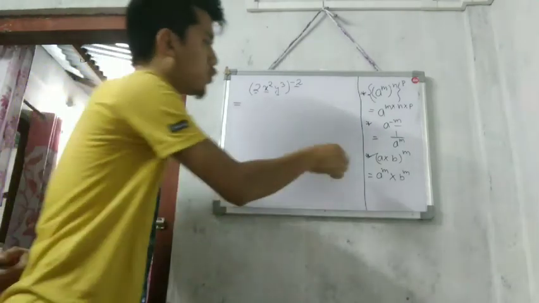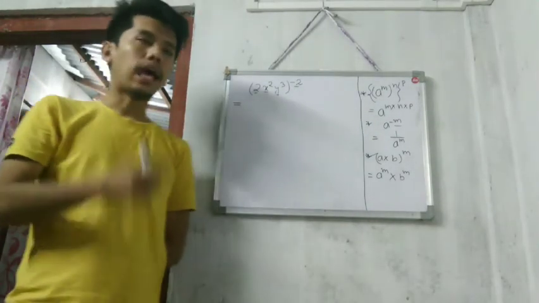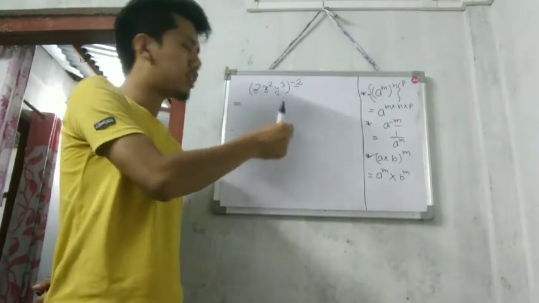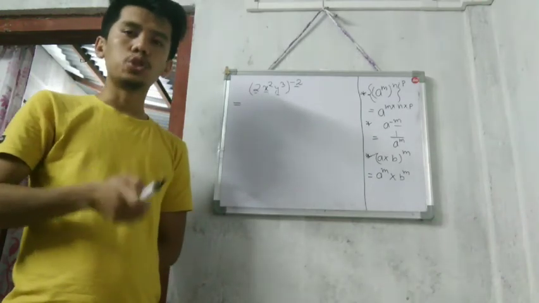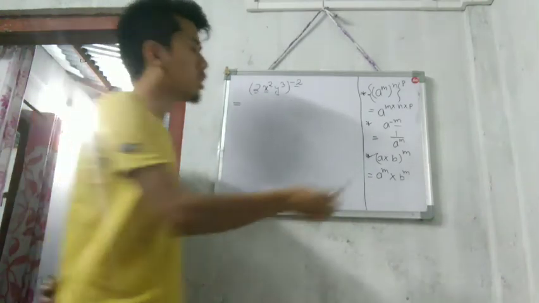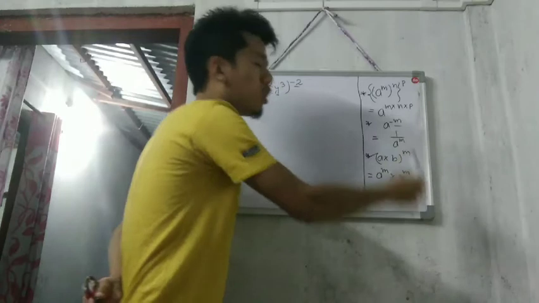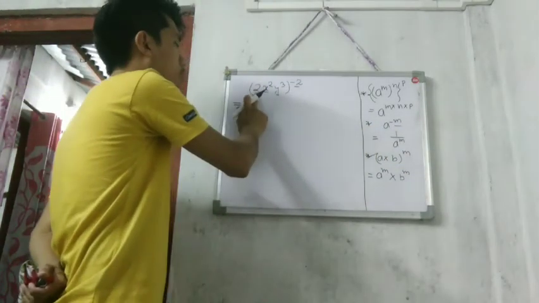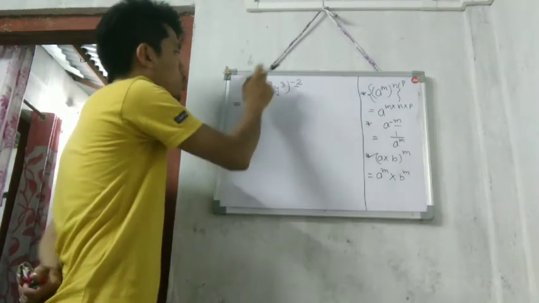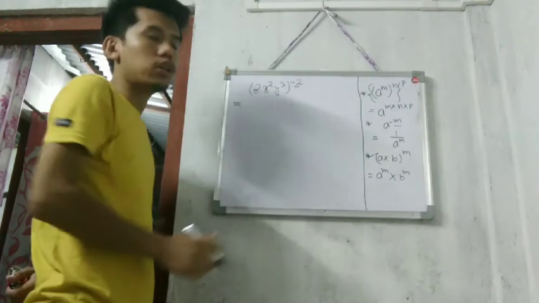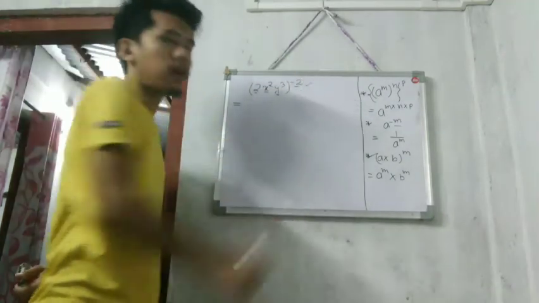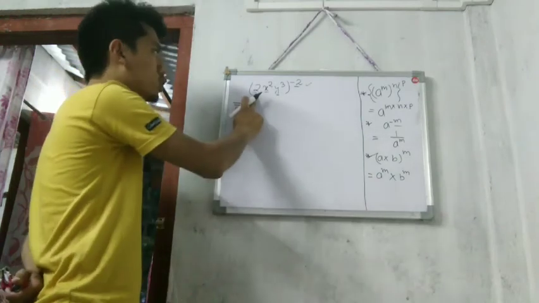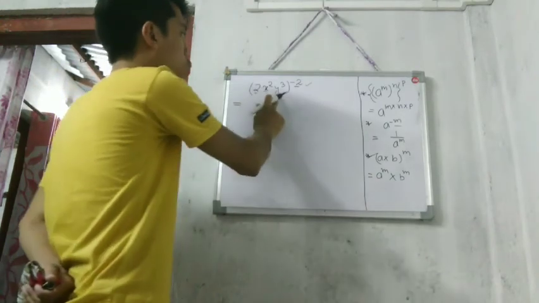In this case, if two or more numbers are multiplied and they have the same power, then the power will go with each individual number. We will do the same thing here. As we have three terms, 2, x square and y cube, this power minus 2 will go with 2, with x square, and with y cube.